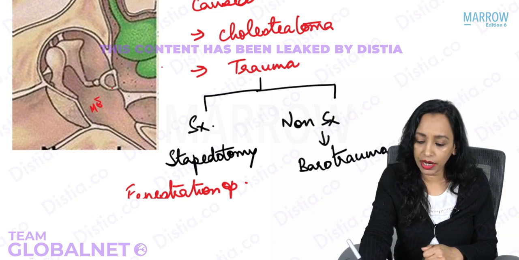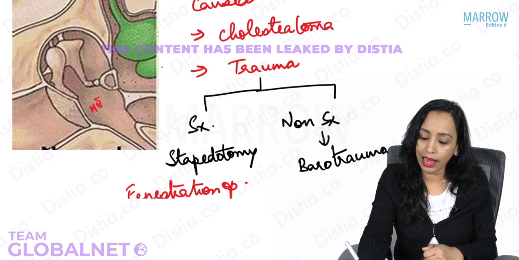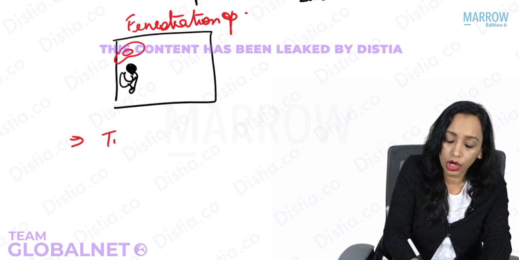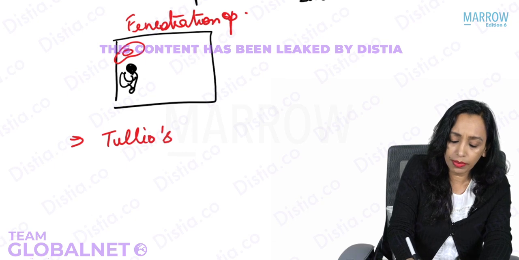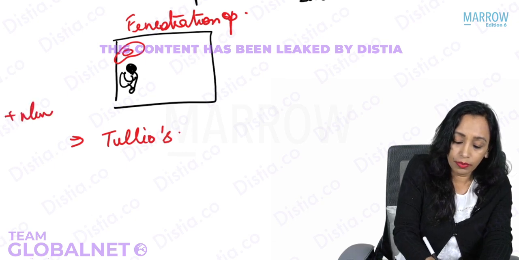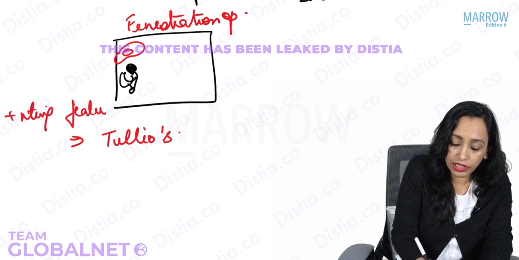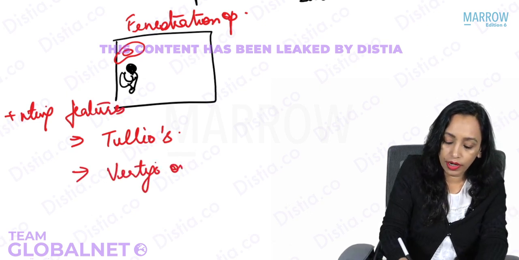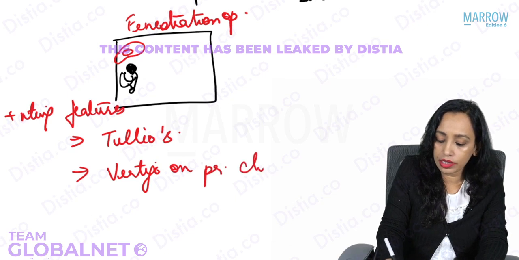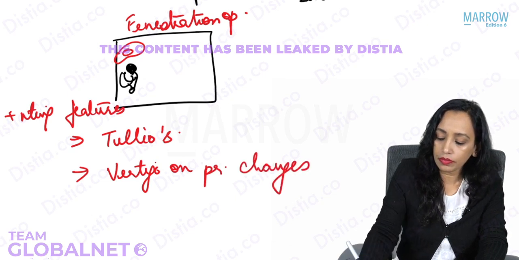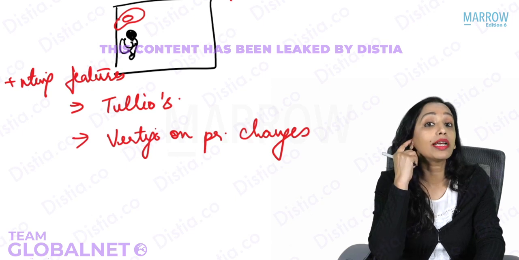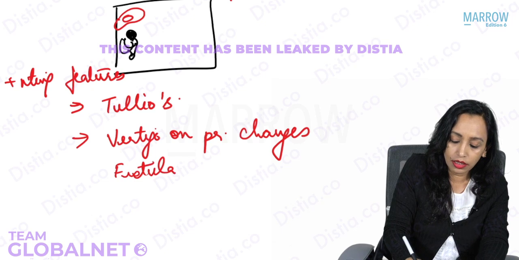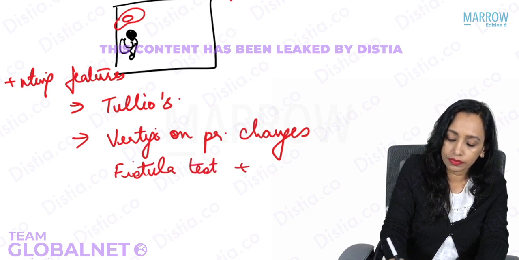So yes, the patient will have vertigo on loud sounds. What is that known as? Tullio phenomenon. The patient will have these presenting features. Yes, the patient will have vertigo on pressure changes. So the moment you do the fistula test, it will be positive.